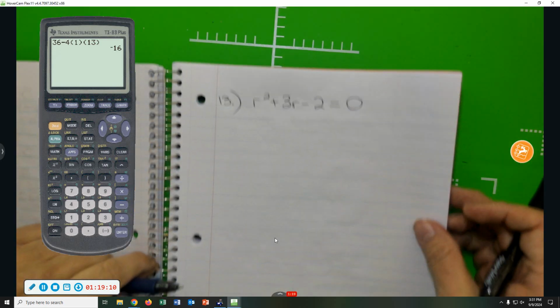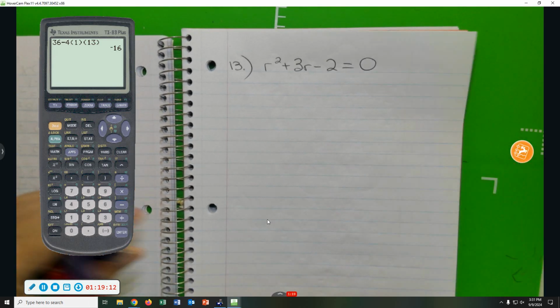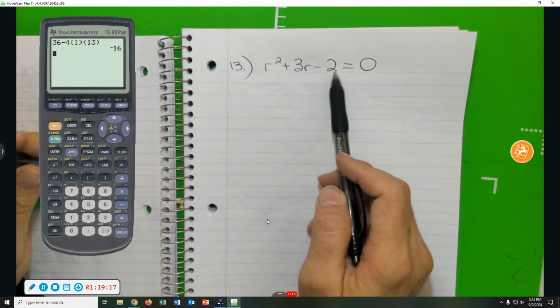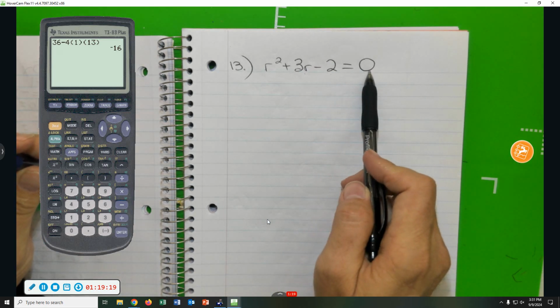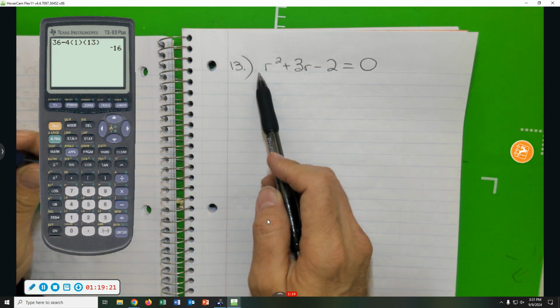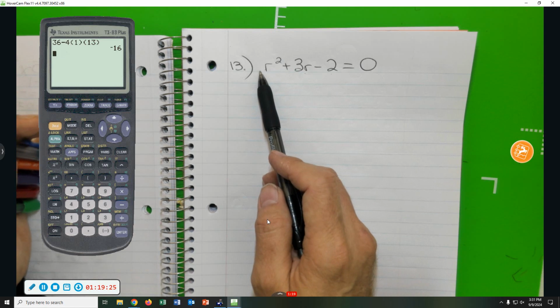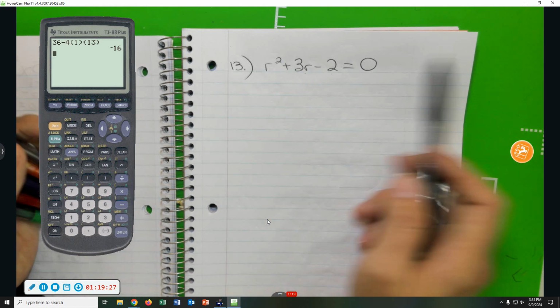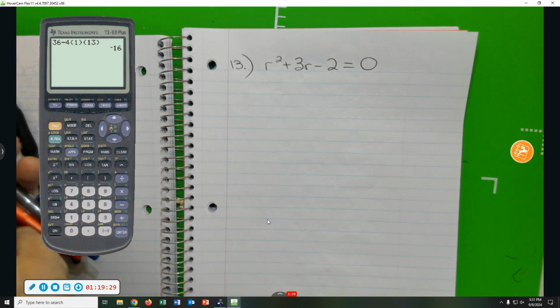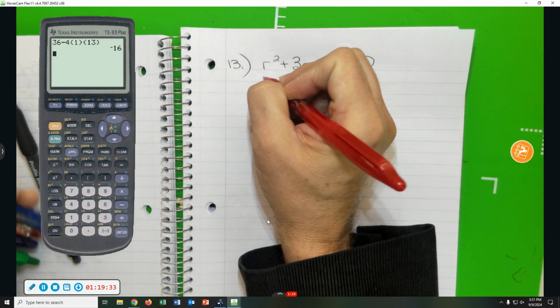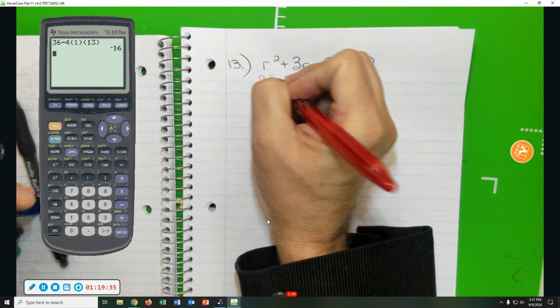This one's already in standard form: square variable, unsquared variable, constant, equals 0. And what's my leading coefficient? 1, a positive 1, so we don't need to move anything. Maybe this should have been the first one. What's my A value? A is 1.